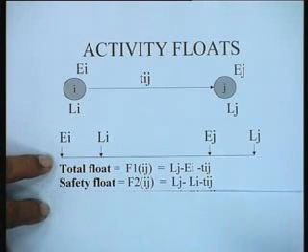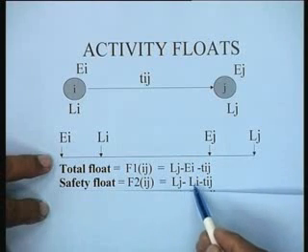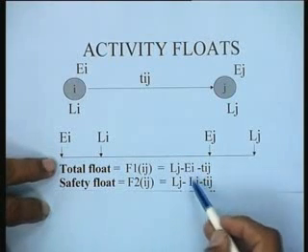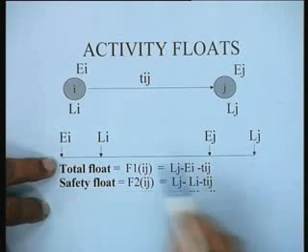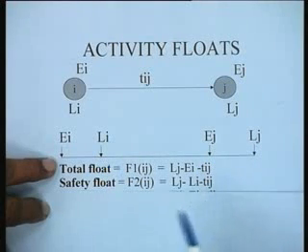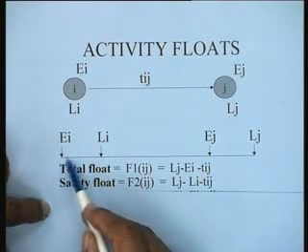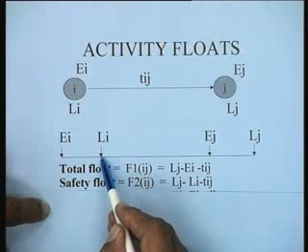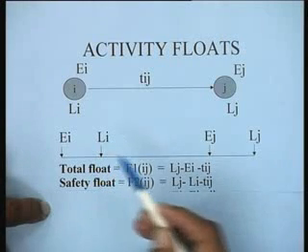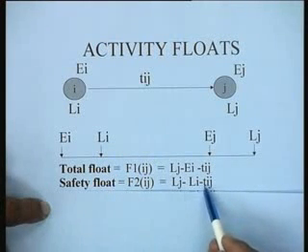Similarly, the safety float is nothing but Lj minus Li minus Tij, because what the safety float assumes is that the predecessor activities have utilized their float and you are reaching this particular point at the latest time. So this is defined as Lj minus Li minus Tij.